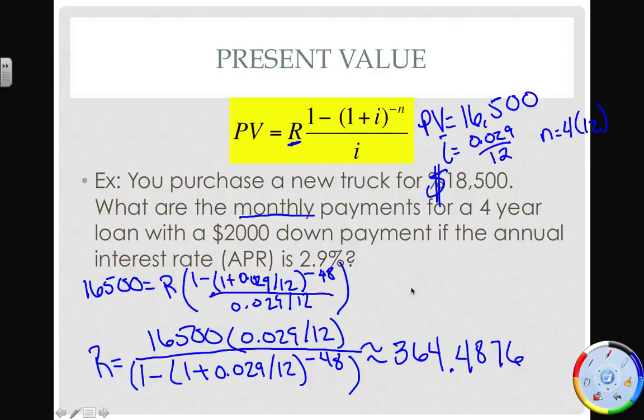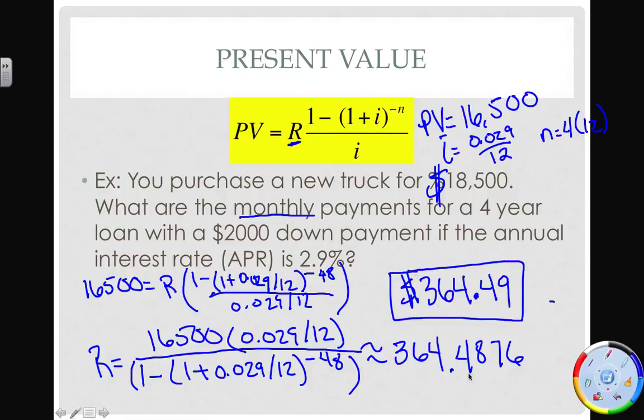And if we think about this, that means you're paying $364.48, actually 49 cents, every month. And if you really think about it, you're going to pay $364.49 for almost 4 years.